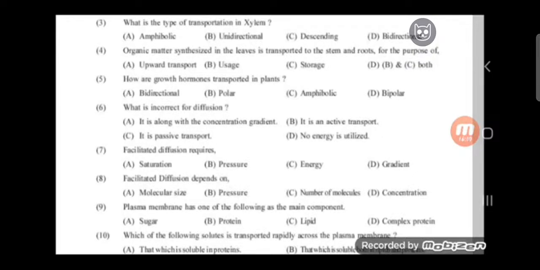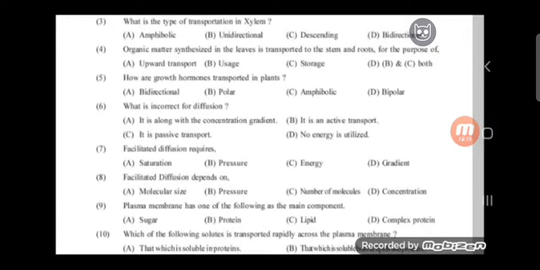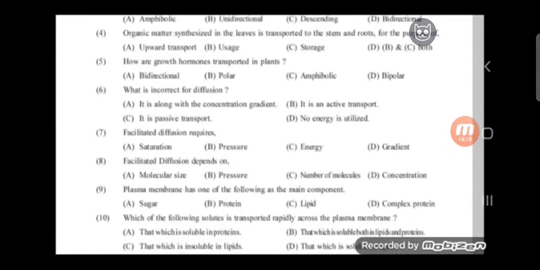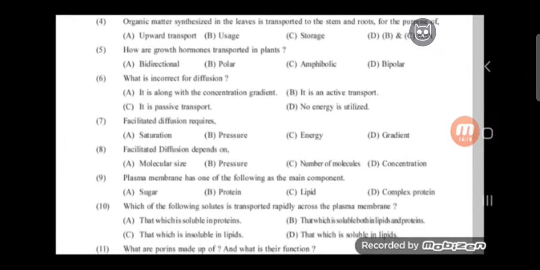Next is question number 7. Facilitated diffusion requires what: saturation, pressure, energy, or gradient?